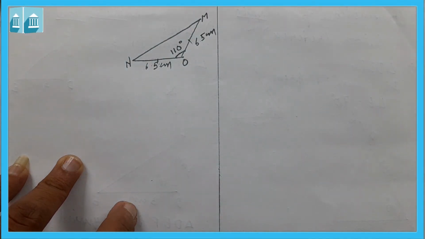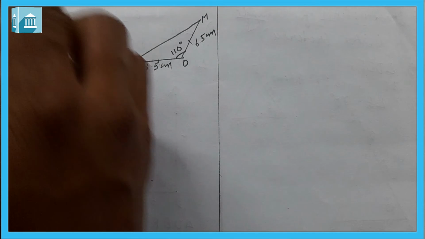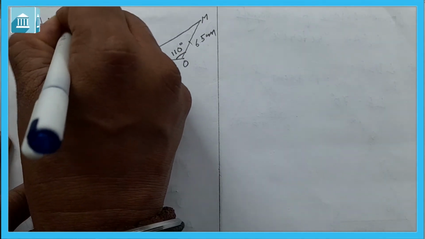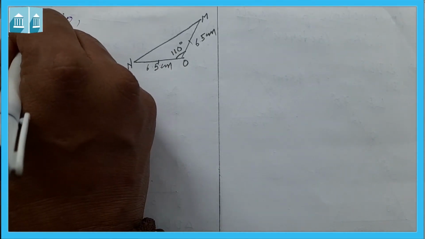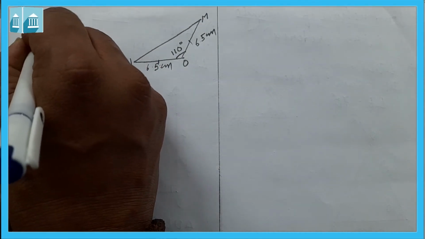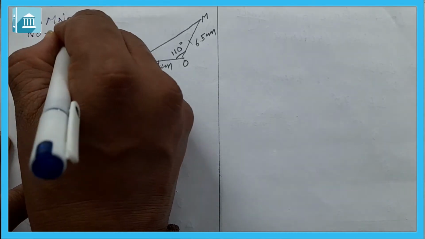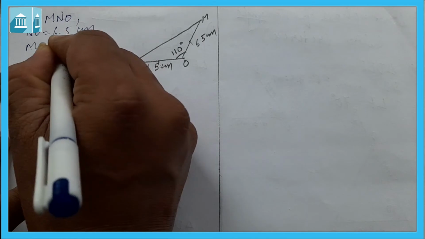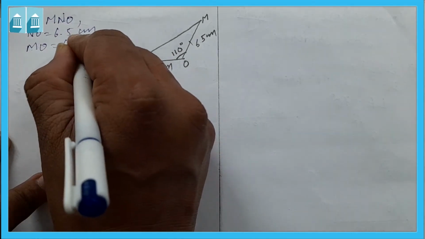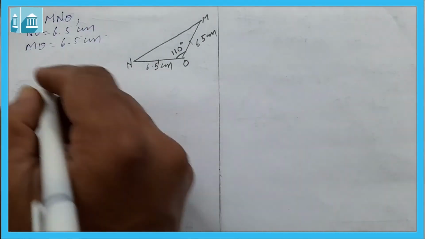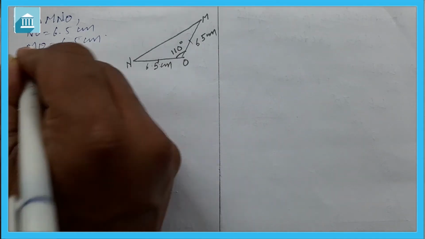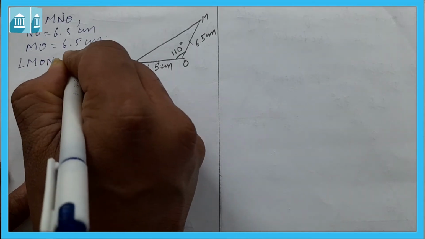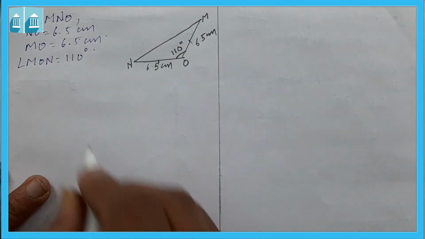So we can write here that construct an isosceles triangle MNO in such a way that NO is given 6.5 centimeter, MO is also given 6.5 centimeter, angle MON is equal to 110 degree.